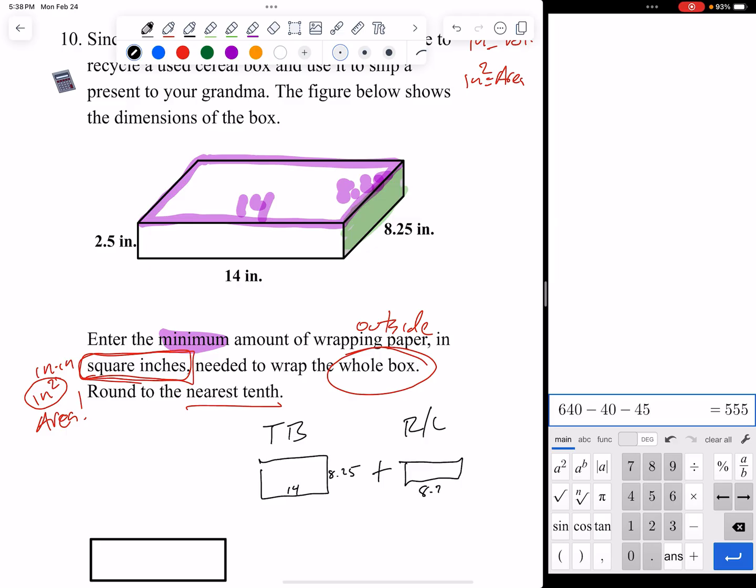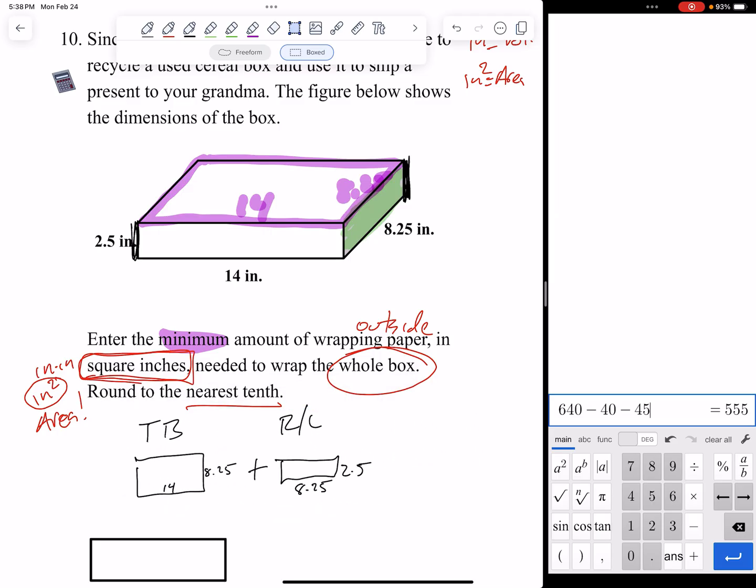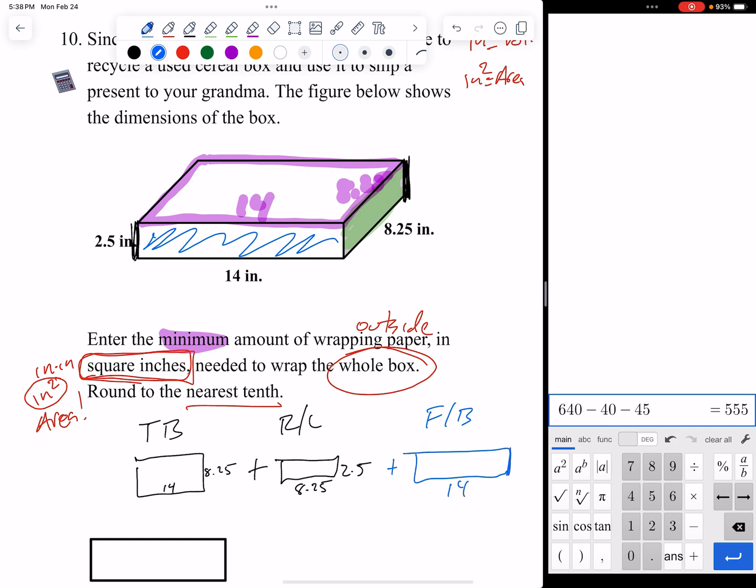The bottom is 8.25, and the height looks like 2.5. I'm running out of space here, so luckily with my technology, I can just scooch it over. And then what's missing, guys? I am missing the front and the back. So this rectangle, the front and the back, is another rectangle. It's 14, and the height of this one is 2.5.